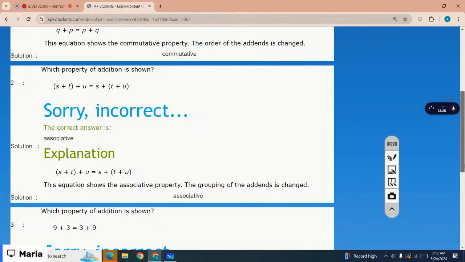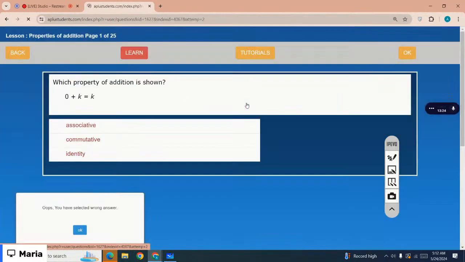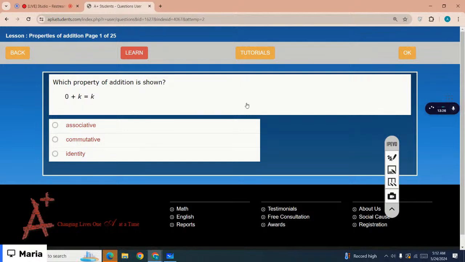Let's start with the test questions. Which property of addition is shown? 0 plus k equals k. Is that associative, commutative, or identity? Which is the correct option?